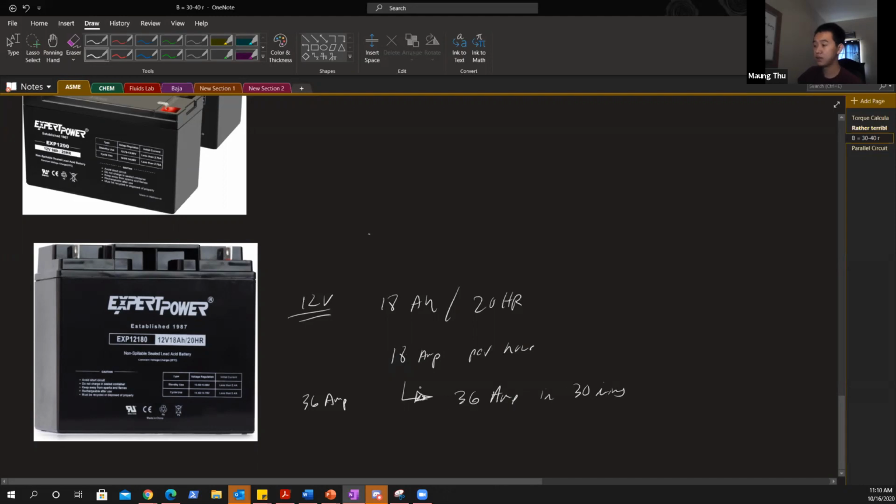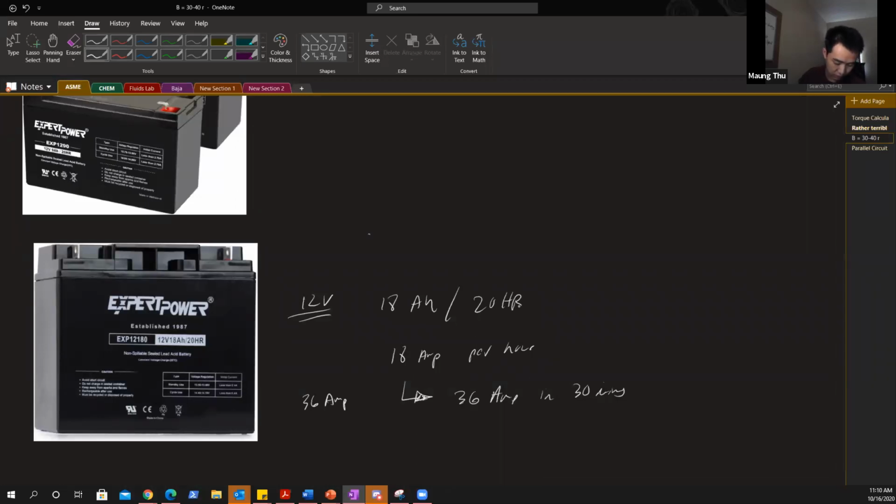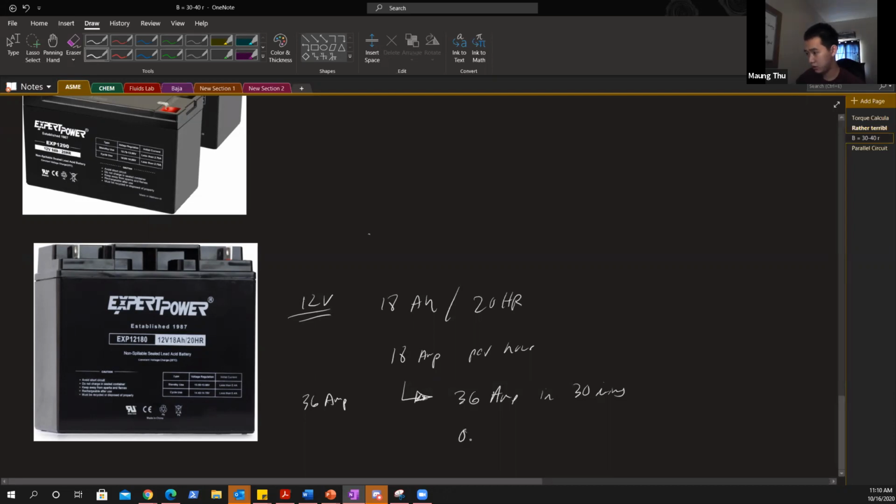Anyway, if you want this battery to last for 20 hours, it can only provide 0.9 amps in 20 hours. Okay. So basically, that's the general idea of how you select your batteries.